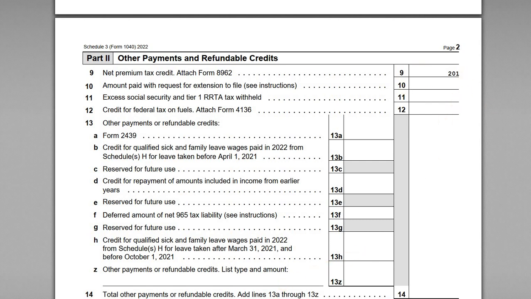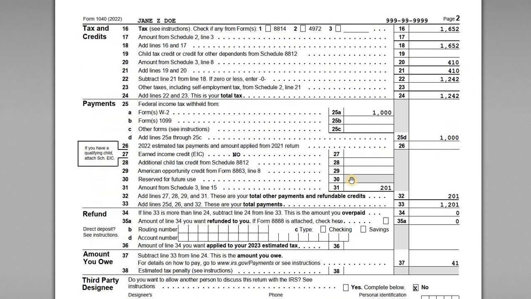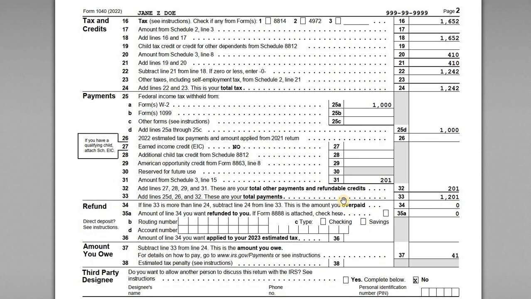Once we have that entered, that is going to end up on page 2 of our return, down here on line 31. So we can see here payments, amount from Schedule 3, line 15. The $201 is treated almost as if it was a payment by us, a tax payment during the year, which means that it's going to lower our net taxes owed, and we could potentially get the money back. So $201 we're going to get as an additional credit.